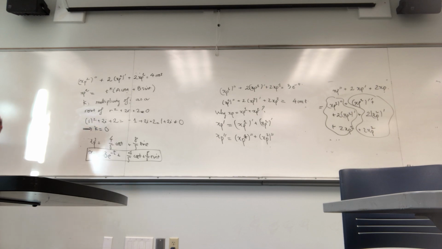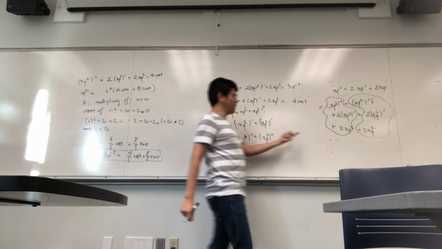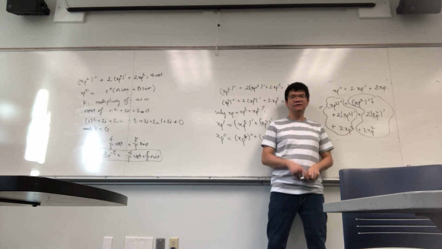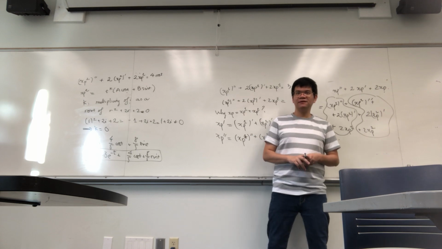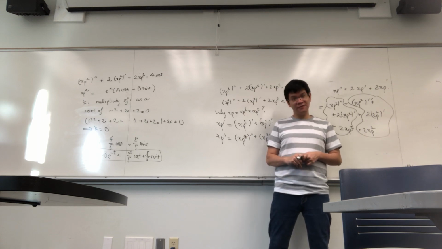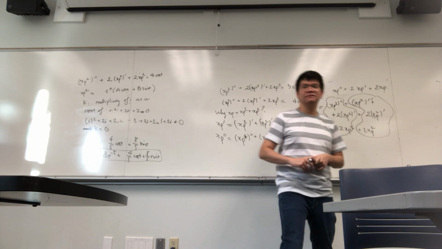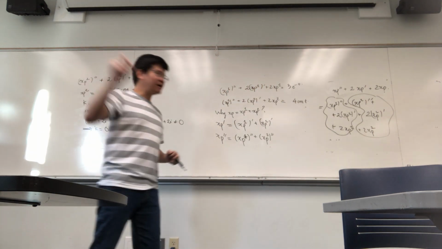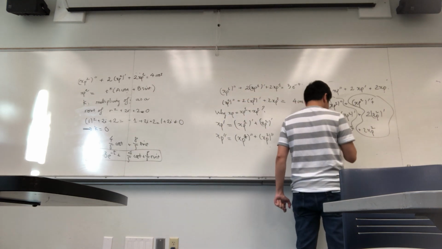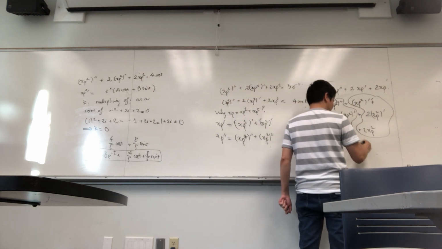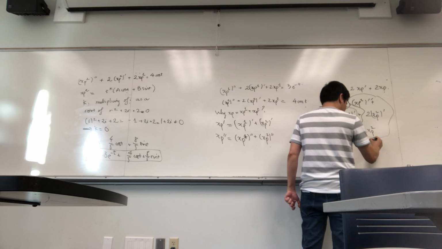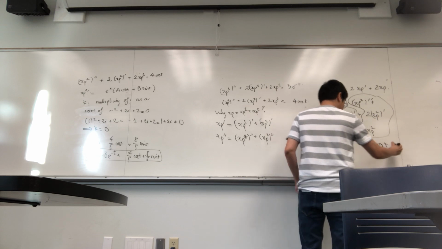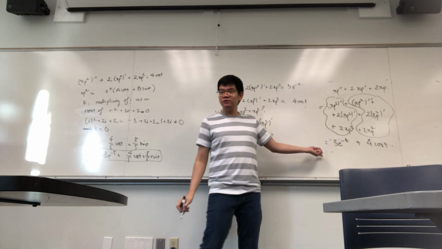I consider xp to be xp1 plus xp2, I take all of the derivatives, and I group all of the xp1 and xp2. What do I get? The left group would be equal to 3e to the minus t, and the right group would be equal to 4 cosine t. So the first one gives you 3 e to the power minus t, and the second one gives you 4 times cosine. All right? This is why you take a sum.